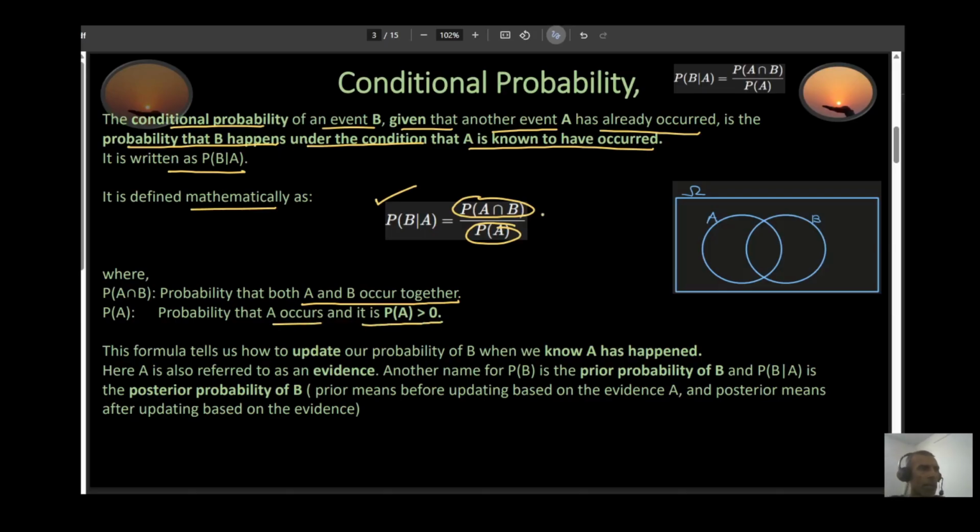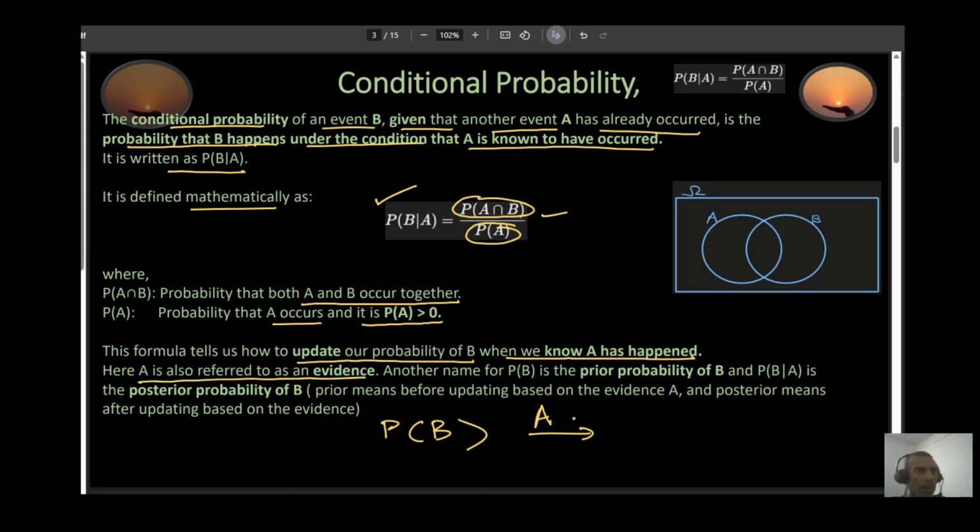This formula essentially tells us how to update our probability of B when we know that A has happened. So you have P(B), and then somebody tells you, hey, I just observed an evidence A. So A in this case would be called an evidence.